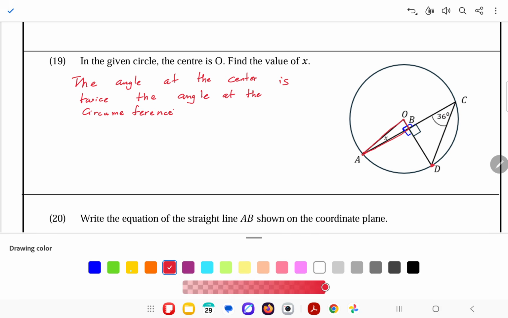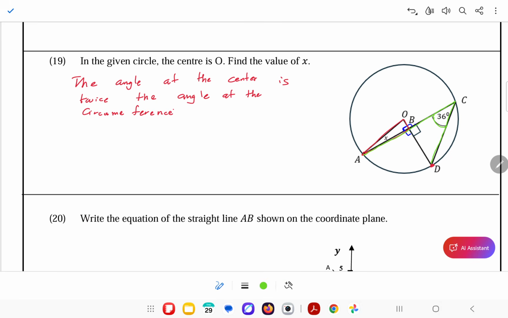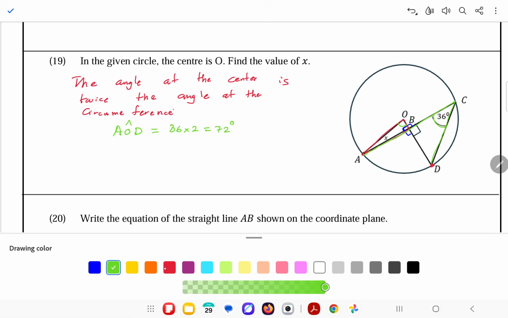This is the angle at the circumference, no? The angle at the circumference is 36. Then the theorem says the angle at the center would be twice that. So angle AOD is 36 times 2, so 72 degrees. Right.